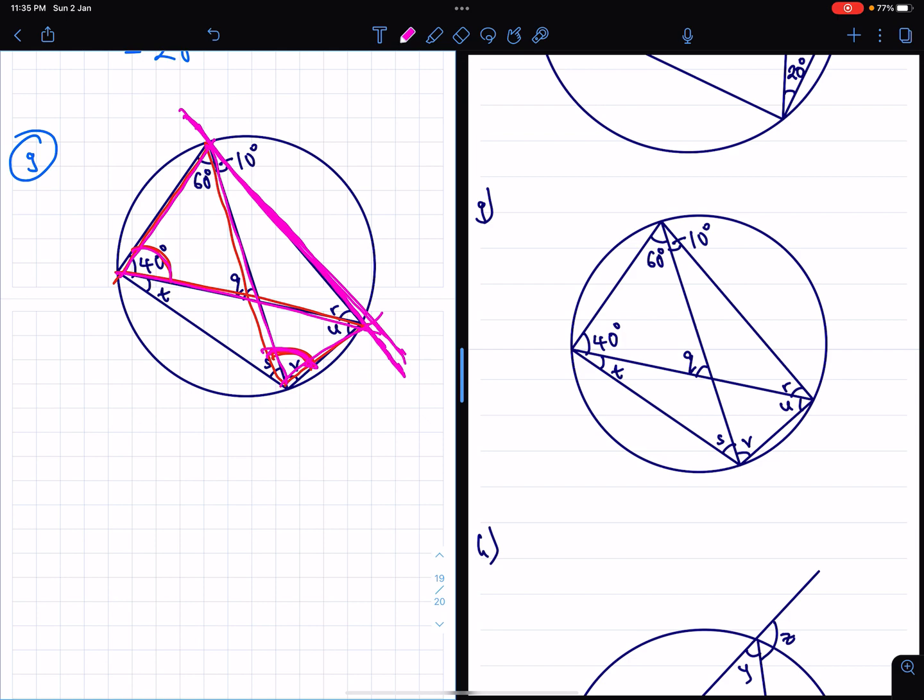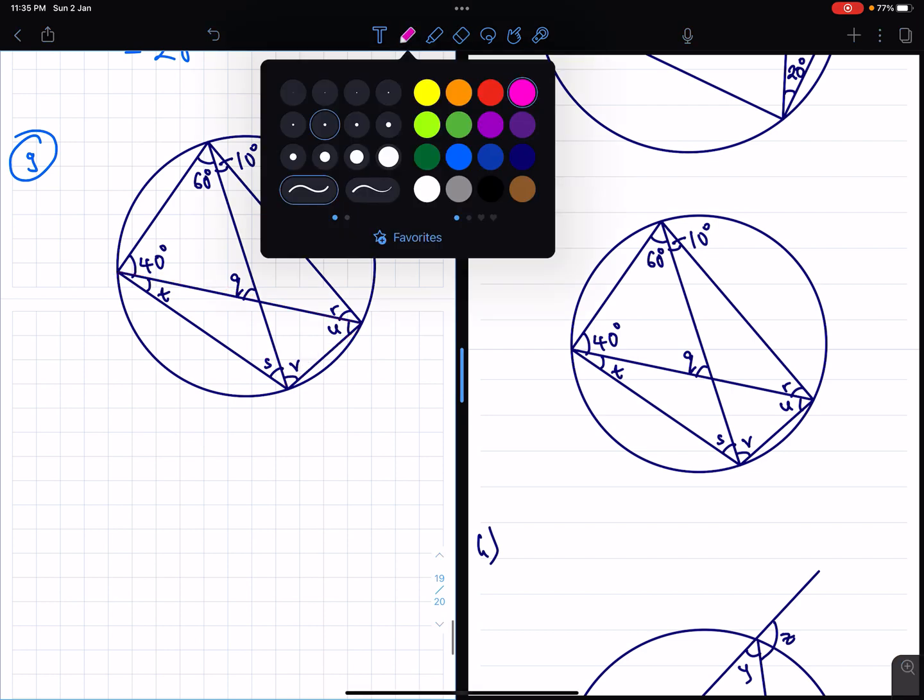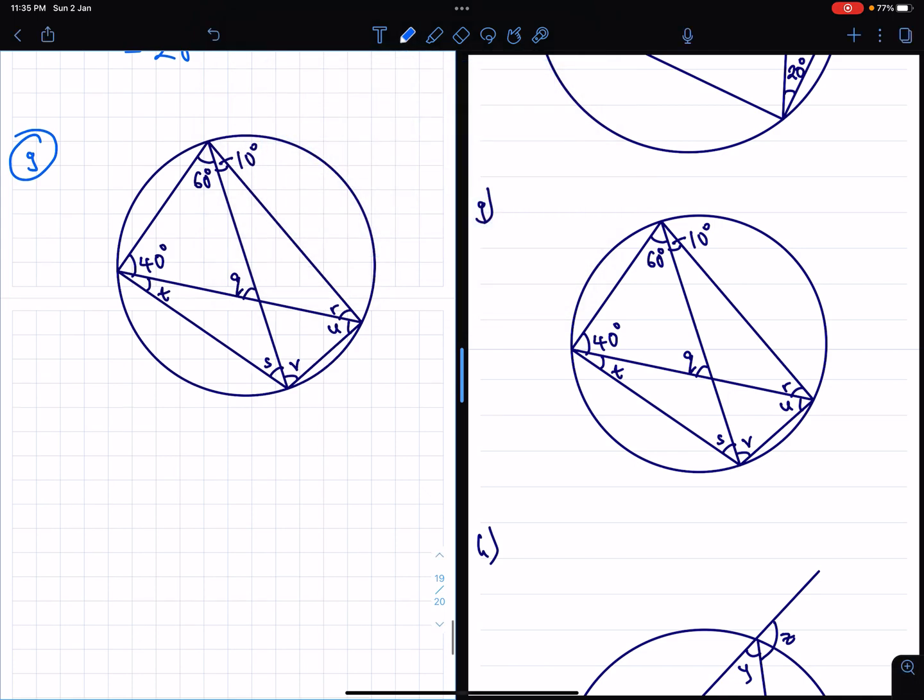So this angle and this angle are going to be in the same segment. Now, first of all, I'm going to say angle V is 40 degrees, angles in the same segment. That's the reason for that.